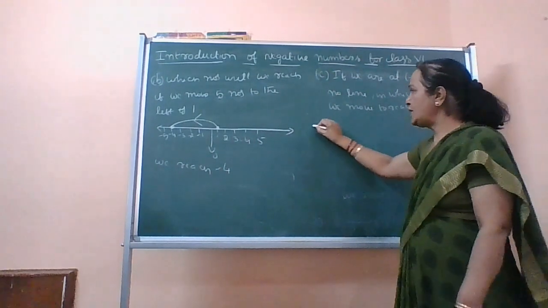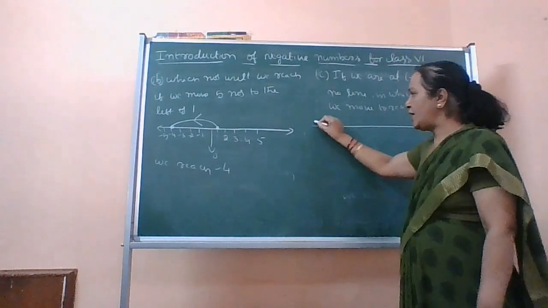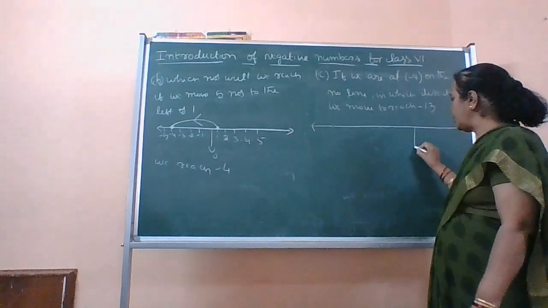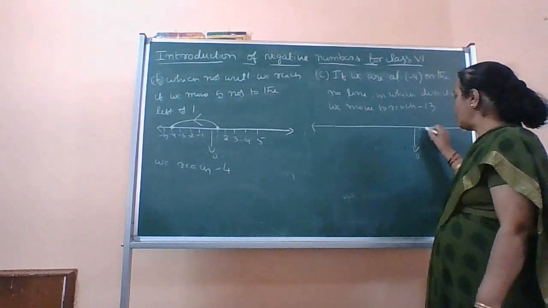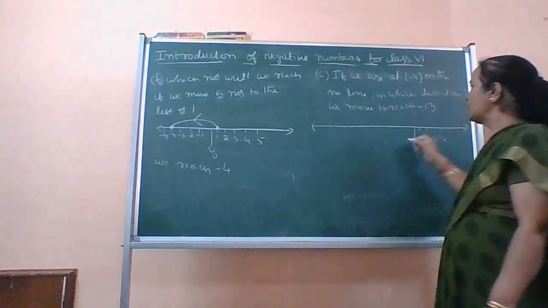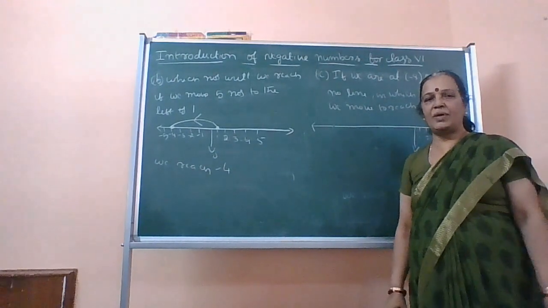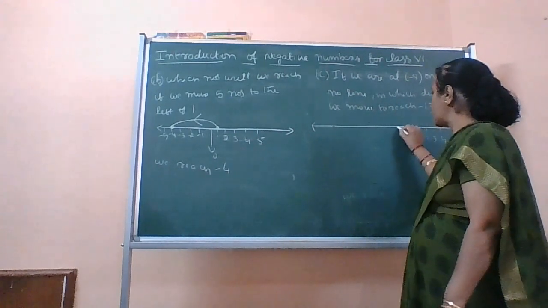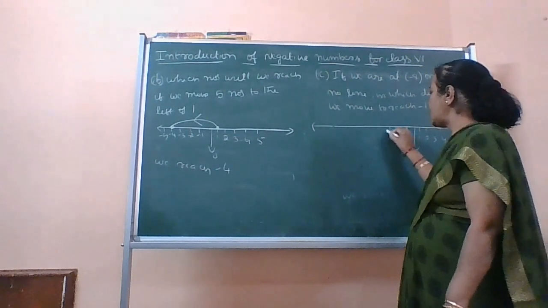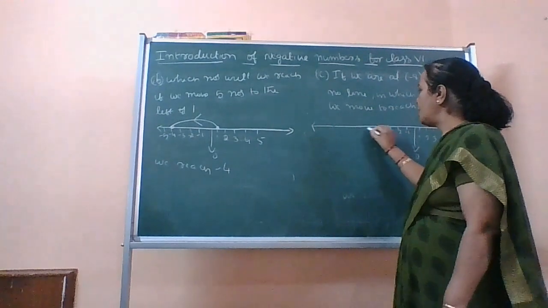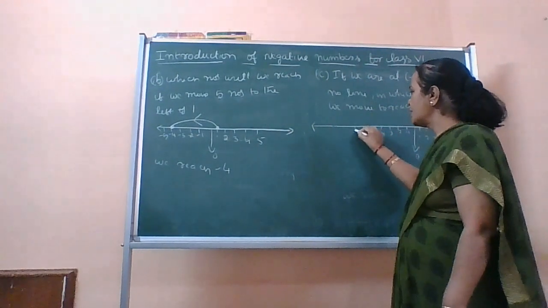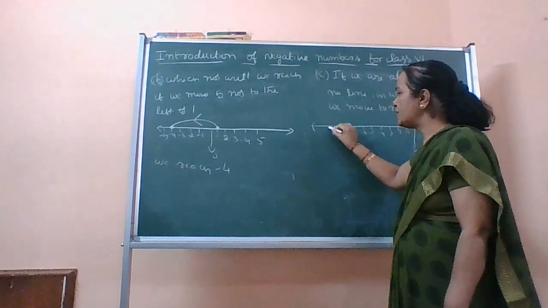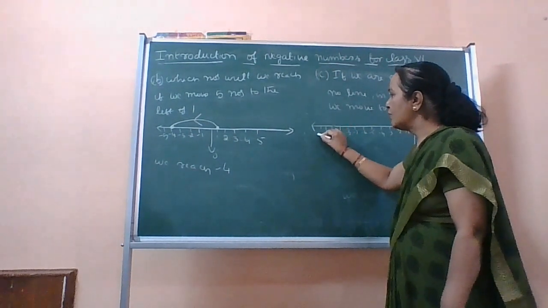-13? First you have to draw a number line, and on this side many numbers are not required, therefore I am going to draw here, write 0, 1, 2, 3, 4. This side we need numbers till -13, therefore -1, -2, -3, -4, -5, -6, -7, -8, -9, -10, -11, -12.